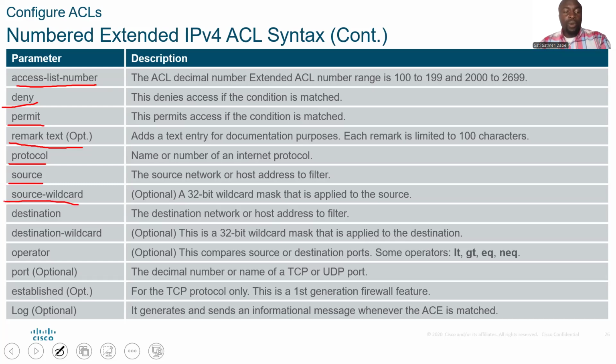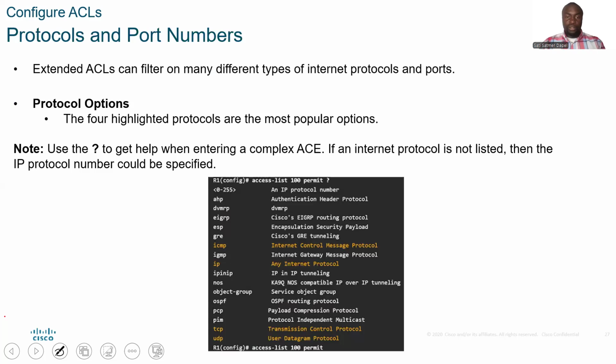We talked about the wildcard mask, which we said is the inverse of the subnet mask. It's a 32-bit wildcard mask that applies to the source address. We talked about the destination address and the wildcard mask, the operator, the port, which is optional, and then there's establish and log. These are the elements that are required when it comes to extended access list.